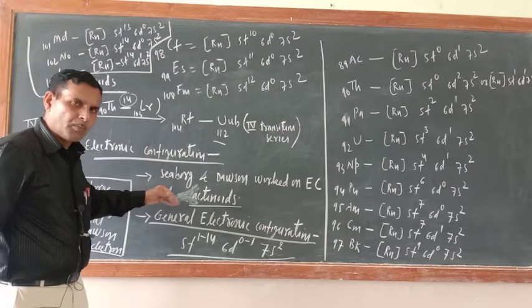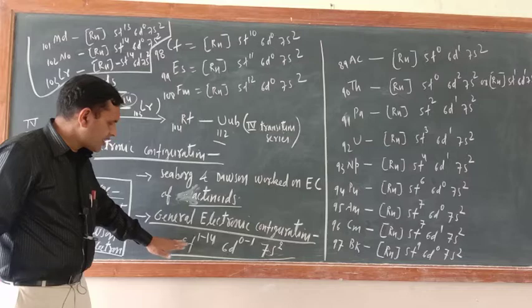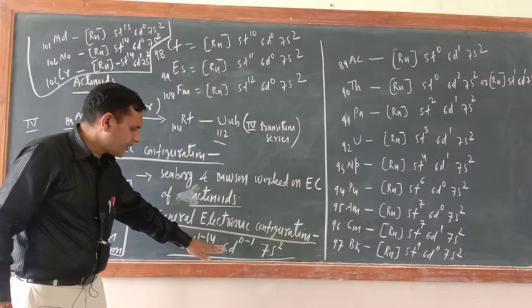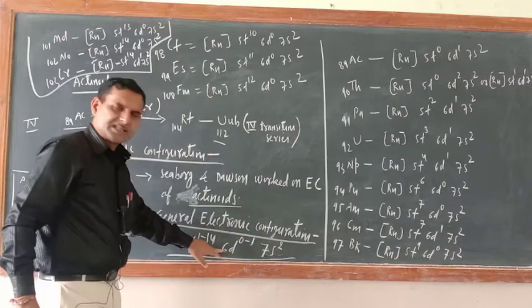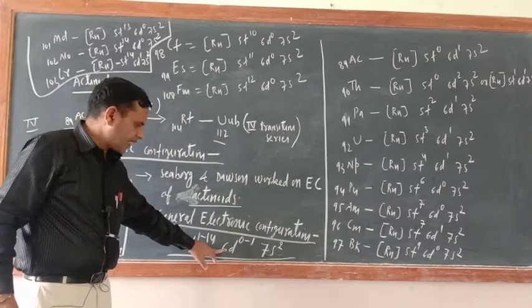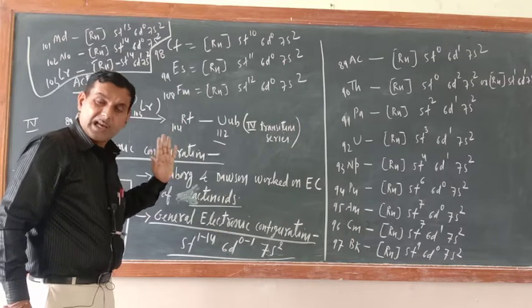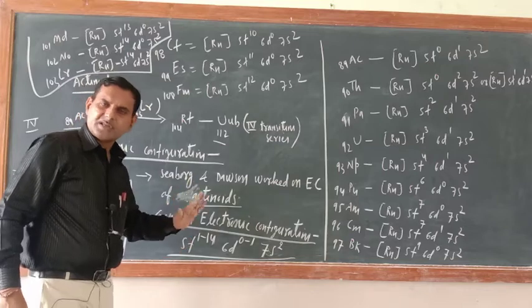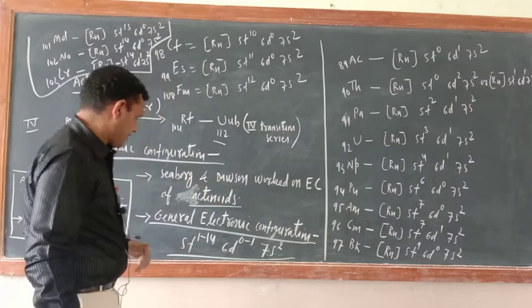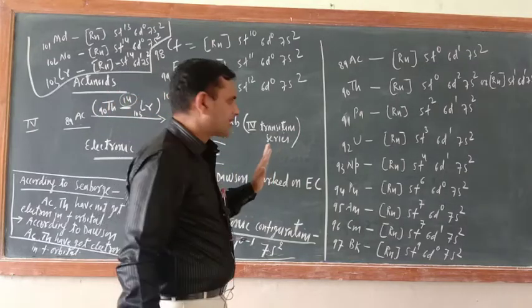According to both views, the general electronic configuration of actinoids is 5f1 to 14, 6d 0 to 1, 7s2. Means in the 6d case, sometimes one electron would be there, sometimes it won't. Just like lanthanides, where 5d had one electron somewhere and not somewhere else.